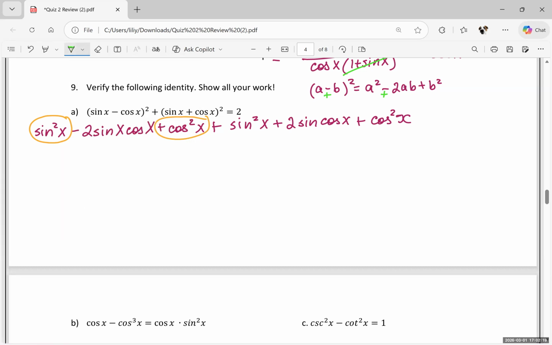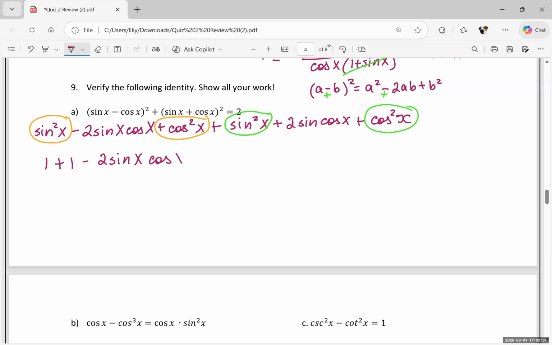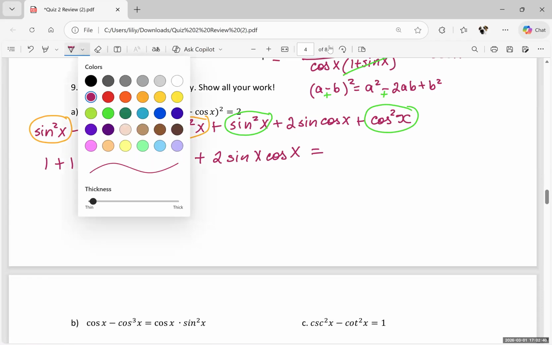But we have two of those. Sine squared x and cosine squared x is also 1. So this is going to be 1 plus 1 minus 2 sine x cosine x plus 2 sine x cosine x. Well, it is fairly obvious now.